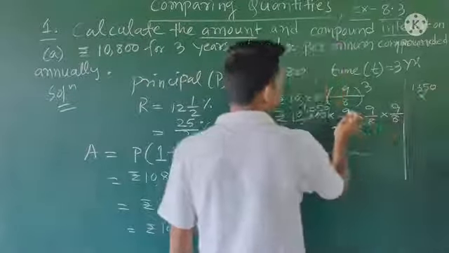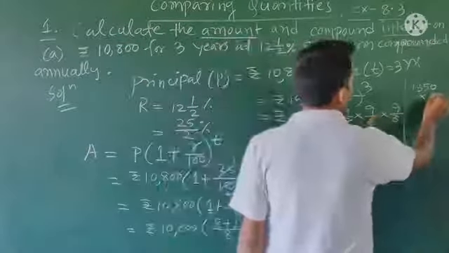1350, first multiply by 9. 9 0 is 0, 9 5 is 45, 4 in hand, 9 3 is 27, plus 4 is 31, 3 in hand, 9 1 is 9, plus 3 is 12. Again multiply by this 9. 9 0 is 0, 9 5 is 45, 4 in hand, 9 1 is 9, plus 4 is 13, 1 in hand, 9 2 is 18, plus 1 is 19, again 1 in hand, 9 1 is 9, plus 1 is 10.